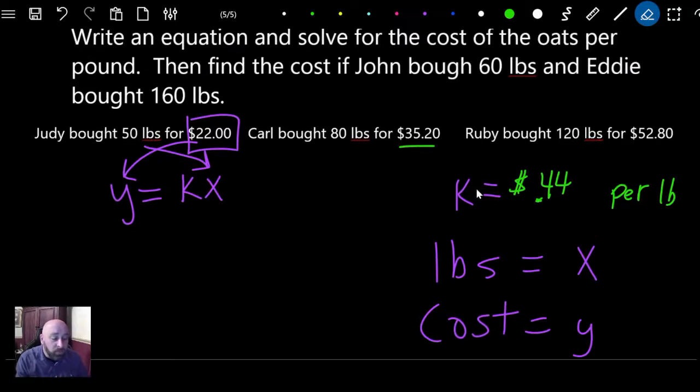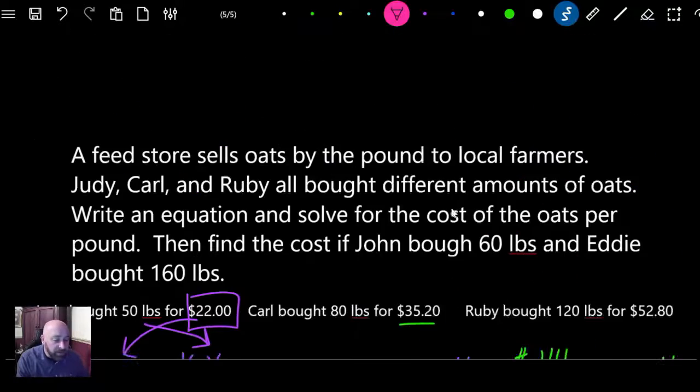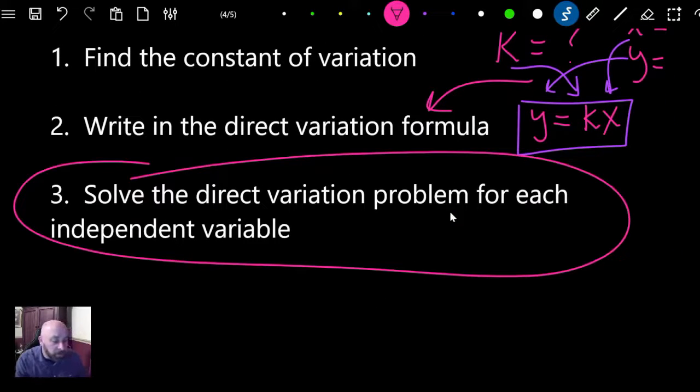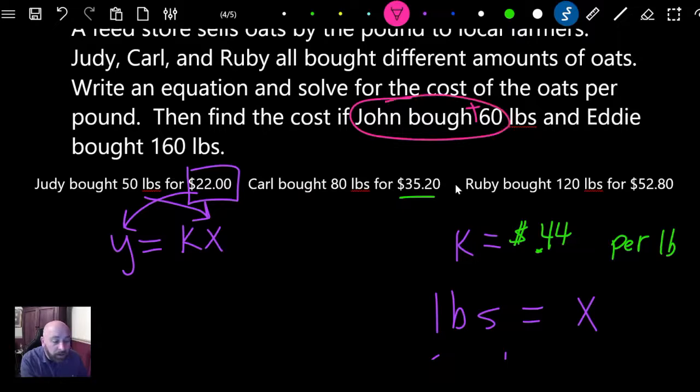Now, the rest of the question up here is kind of the finish. We're going to finish solving it by solving the direct variation problem for each independent variable. Look, we have more independent variables. John bought, actually that should say T right there, John bought 60 pounds.